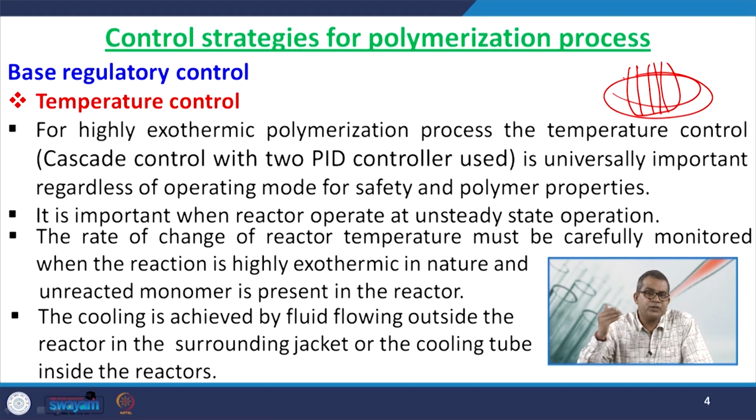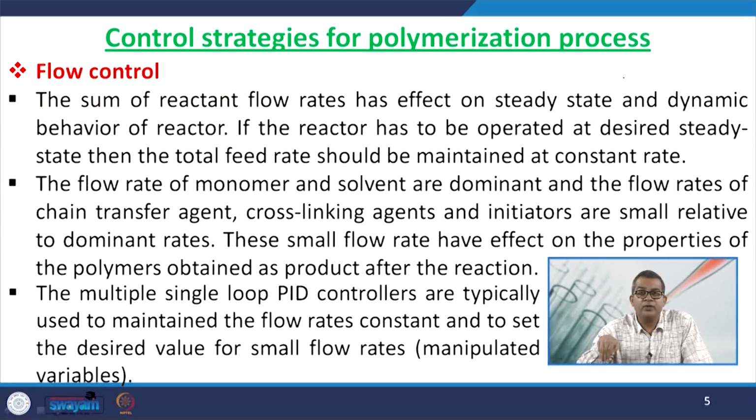In this way you can maintain proper temperature control, because you have the things in your hand, but sometimes you may not have sufficient information with respect to the reaction mechanism. So this should be kept handy during polymerization.